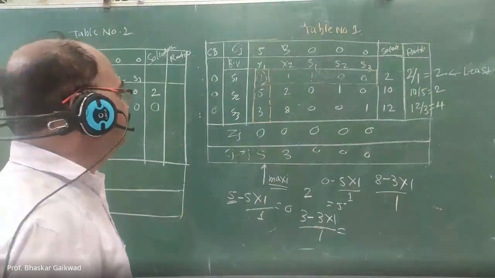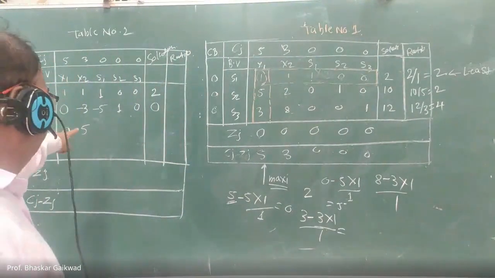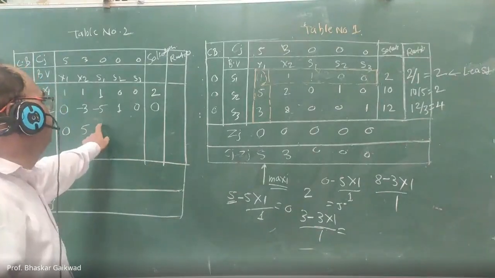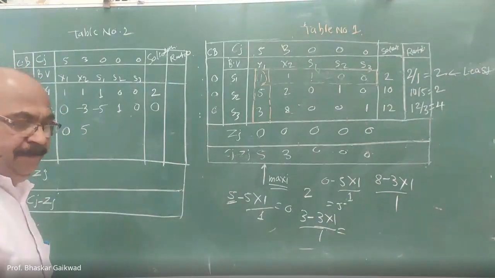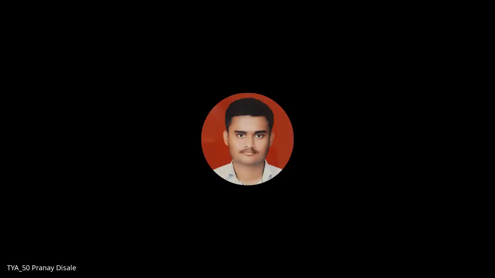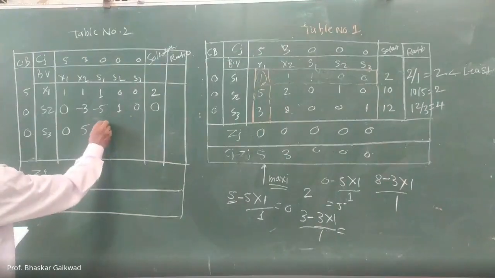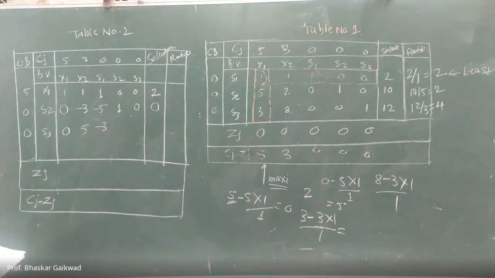Then we come to the next. What should be here? -3, correct. So here it is -3. What should be here? 0, correct.